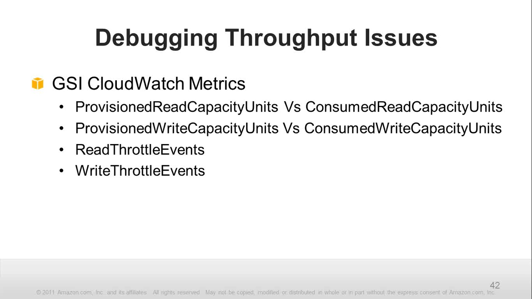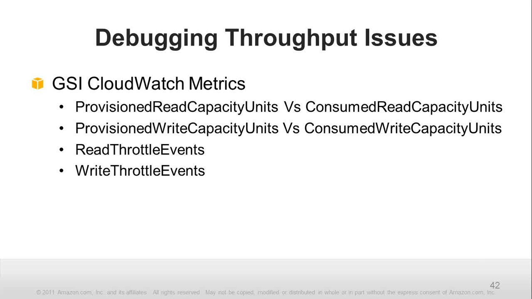So if a specific GSI was the core reason for the throttling, and hence you got that error message 400 that we talked about before, you will see read throttling events or write throttling events. In the example that we talked about, you'll see the write throttle events metric, showing how many requests are getting throttled by the GSI.